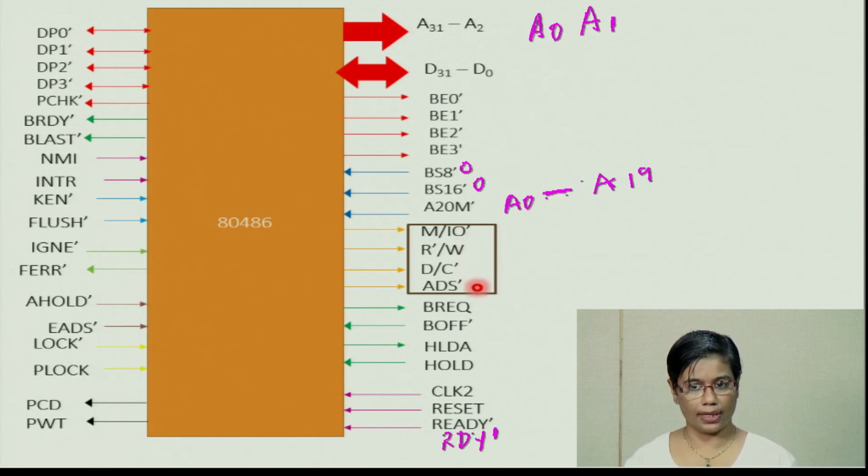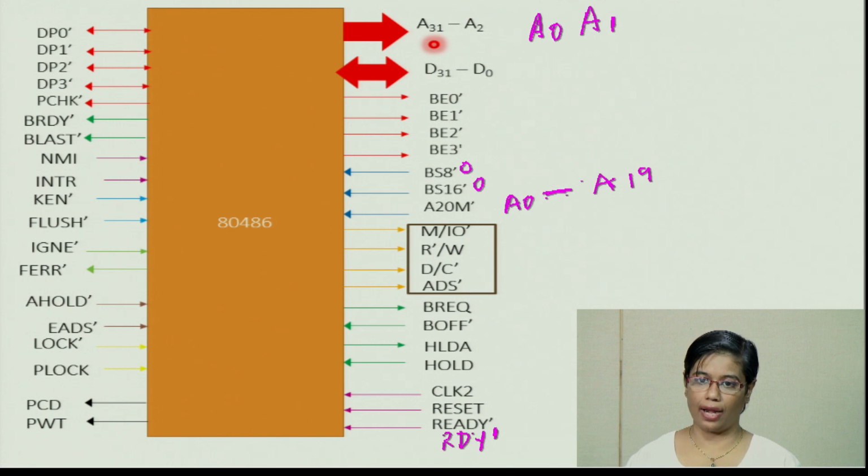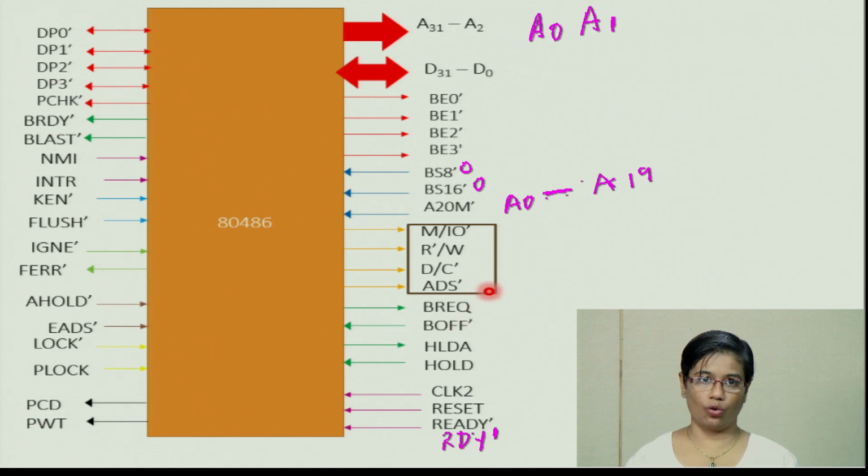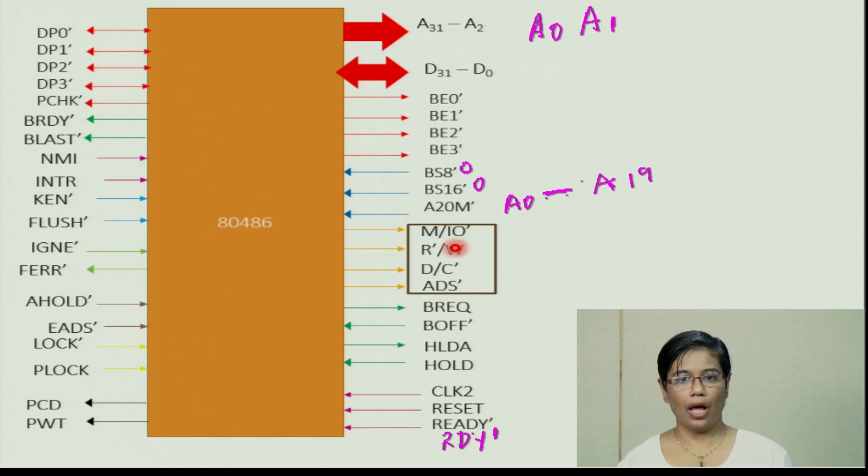In fact, the fourth signal, address strobe, which indicates that a valid address is available on A2 to A31, is also similar to the address strobe signal available in 80386. So these four signals remain the same whether it is 80386 or 486.